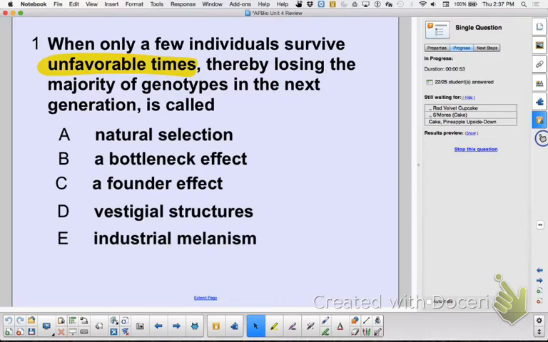Wait, really? Yeah, I know. All right, red velvet cupcake.